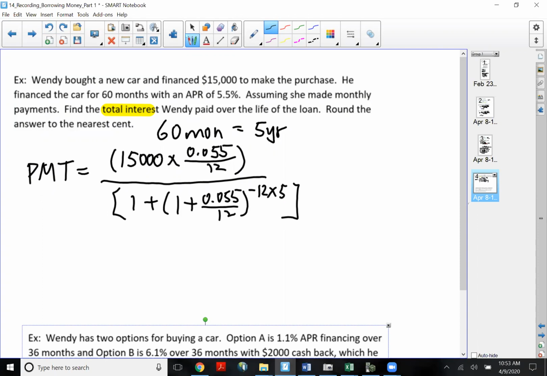So let's see what her monthly payment is going to be.